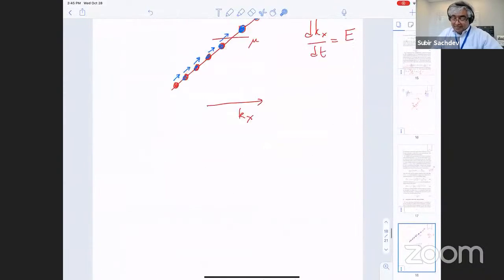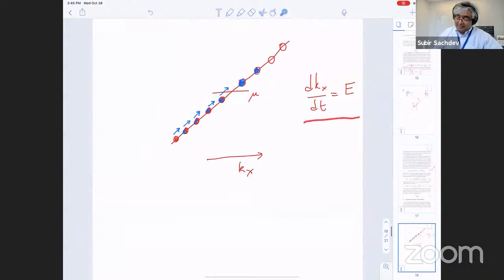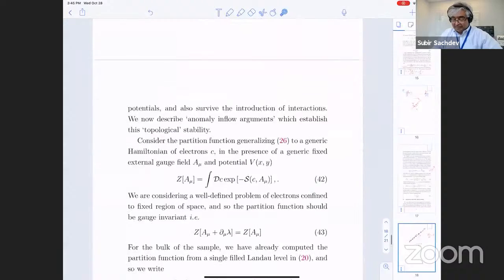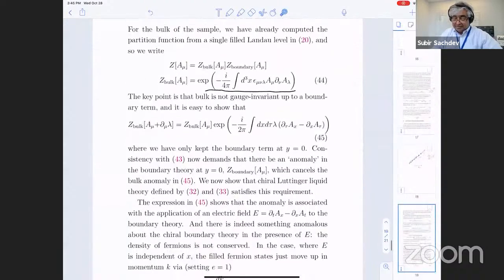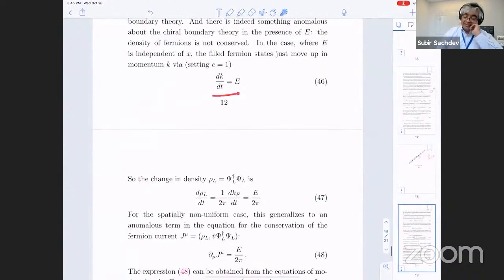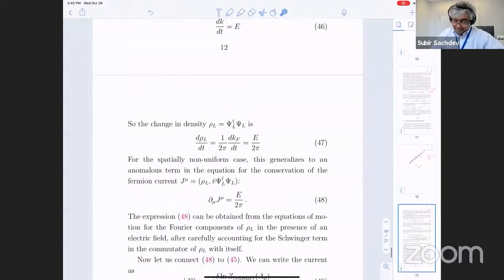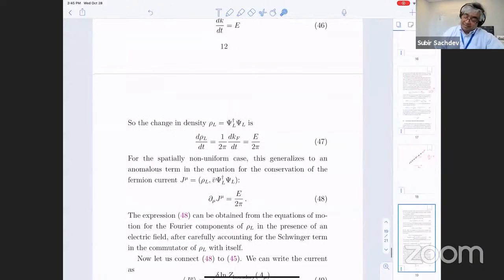Okay. And this tells us how to compute it. This is dk/dt. So now it's very easy to figure out the rate of change of density. This is the basic equation, Newton's equation. I'm just trying to get the answer by waving our hands. You can do it, of course, much more carefully, as we will in a minute. So the rate of change of density is basically the rate of change of the Fermi wave vector.